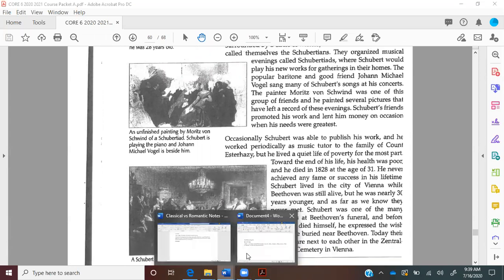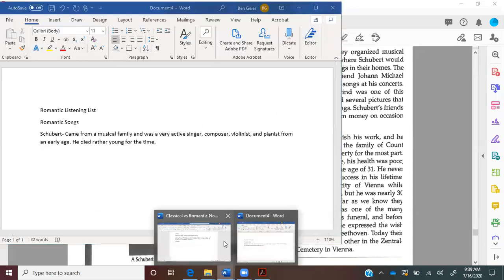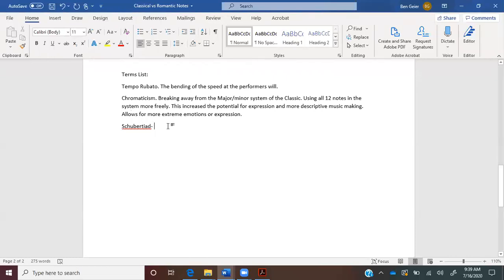So what is a Schubertiad? It is a gathering of Schubert and his artistic friends. They shared artistic ideas with each other. That's a nice idea. It's like a little party.